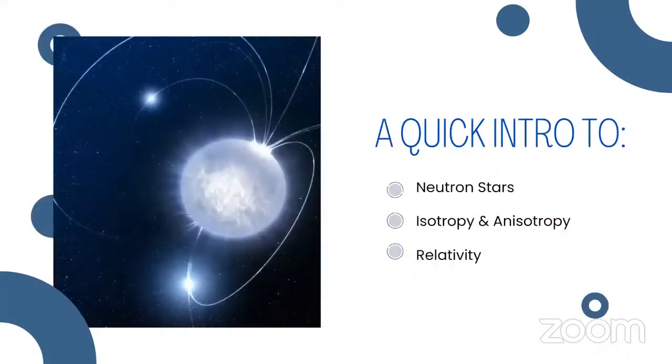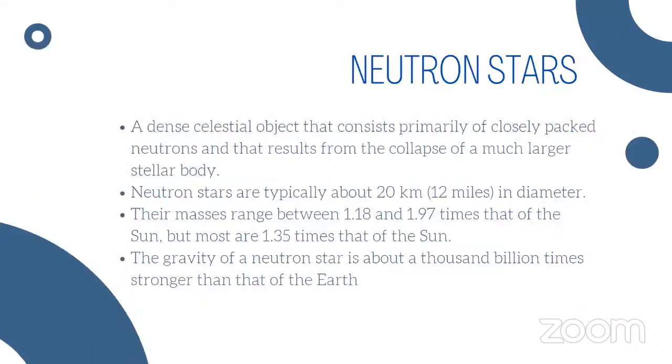Okay. Now we will give a quick introduction to neutron stars, isotropy and anisotropy, and relativity. So what are neutron stars? A neutron star is basically defined as a dense celestial object comprising closely packed neutrons, which results from the collapse of a much larger stellar body.